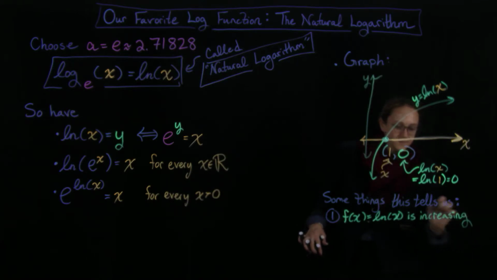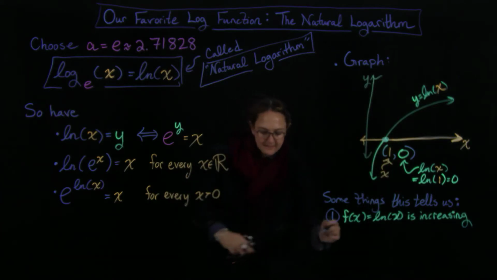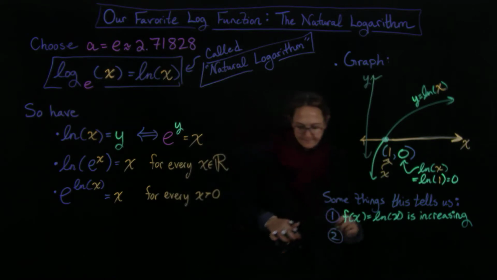As I increase my x values, my outputs increase. The second thing is that the natural log of 1 is 0.